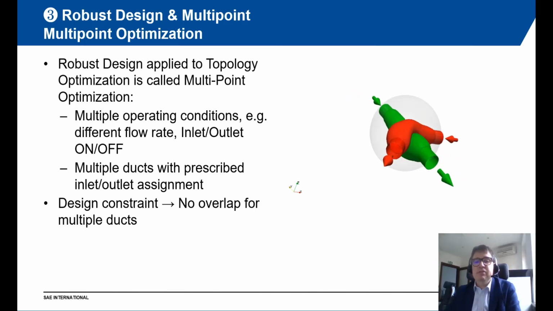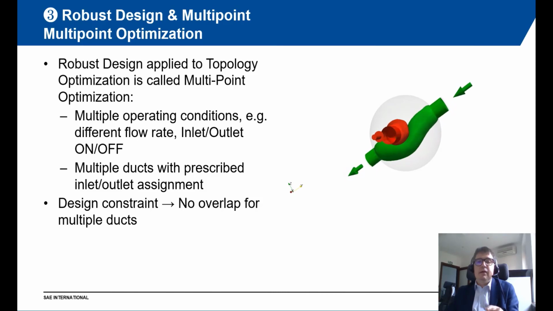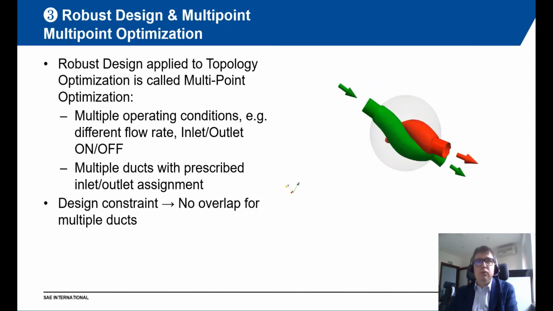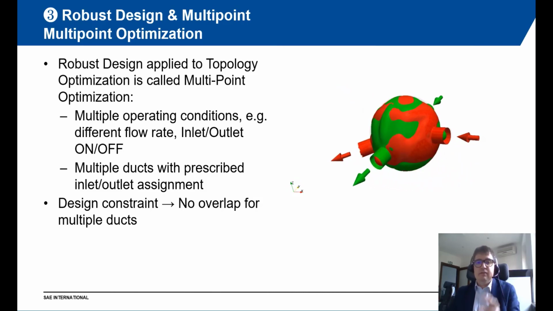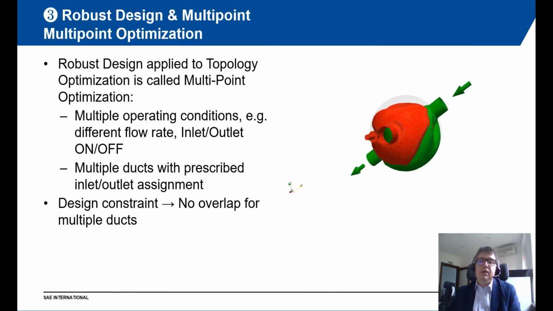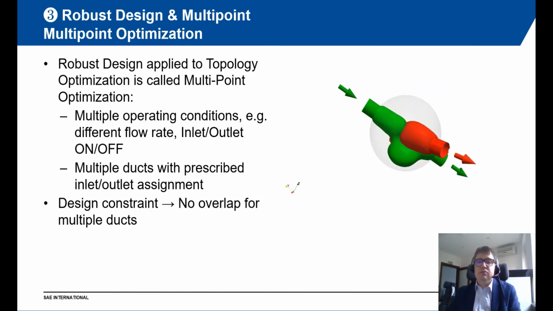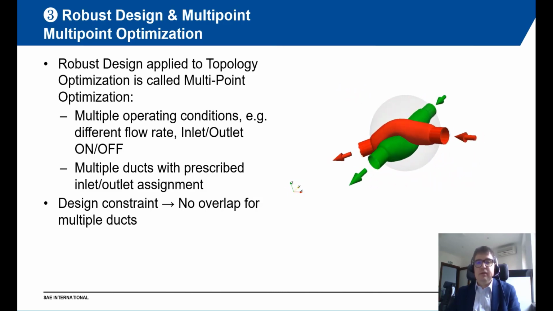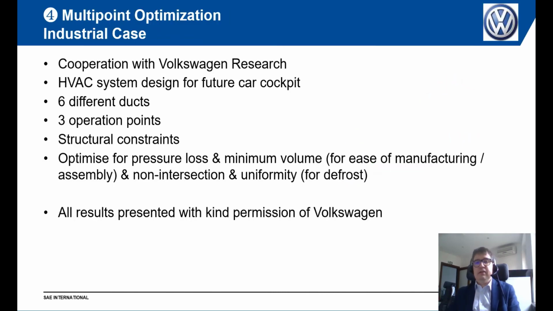In terms of optimization problem, it's not trivial, because if you do one duct at a time, you will not end up with the ideal optimal shape. You need to optimize the two ducts simultaneously. We can do this as part of the multi-point adjoint optimization in one go, and optimize both ducts together.